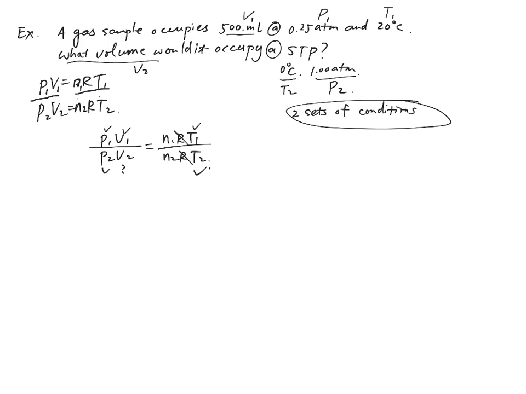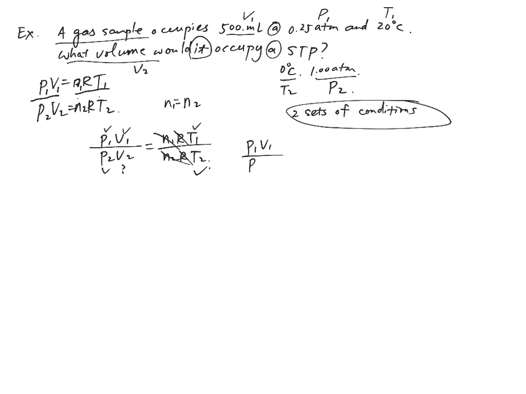Read the question again. A gas sample occupies this much at this temperature and this pressure. What volume would it occupy? They're the same gas sample. N1 absolutely equals N2 because they're the same sample. What if N1 equals N2? They get canceled.